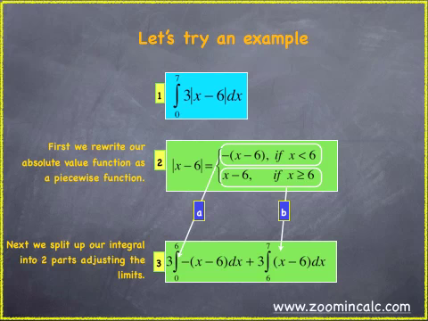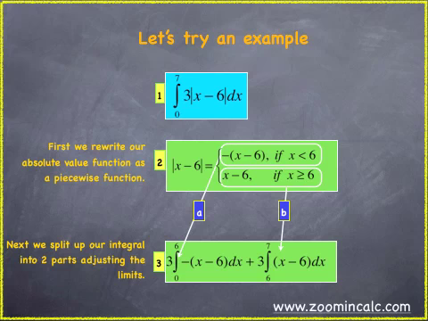Now, when we look at this, it's kind of obvious. Sometimes the function may be a little more difficult. So the easy way to do this is to take whatever's inside the absolute value sign, set it equal to 0 and solve for x. Whatever that number is, that's the number that we're going to split it up under. And in this case, it's 6.